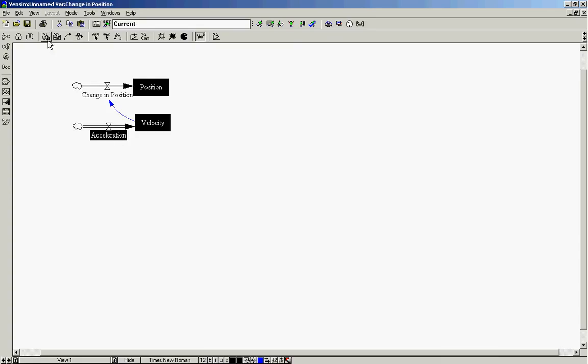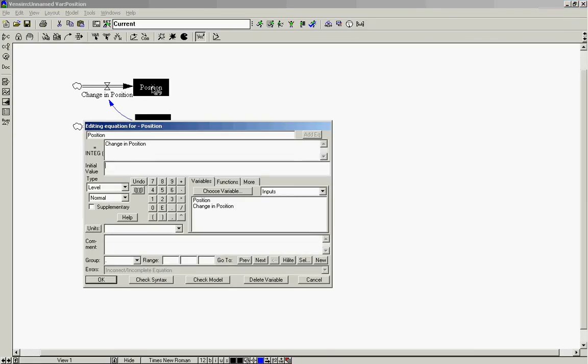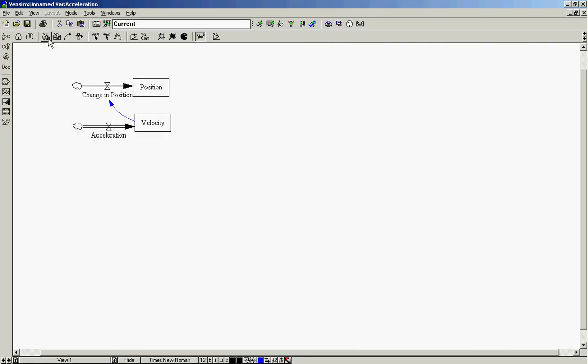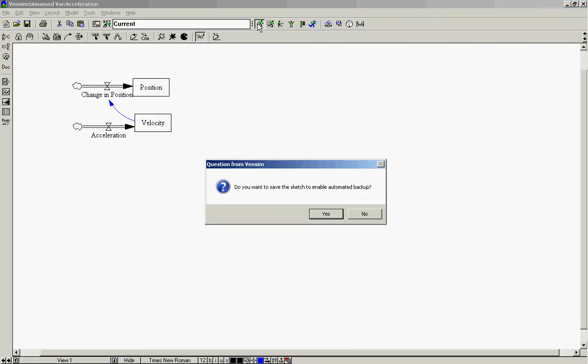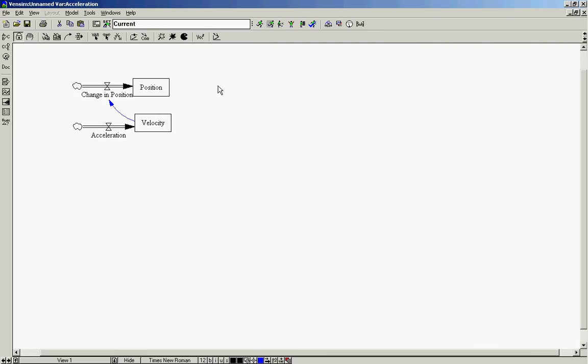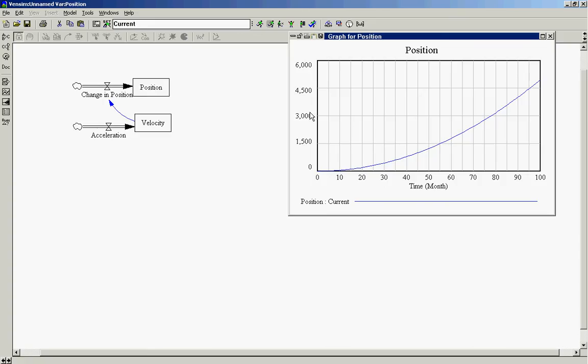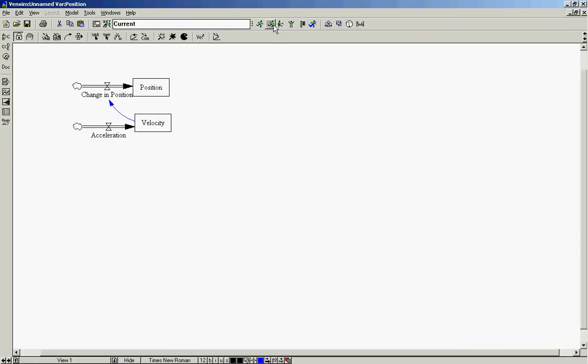So I'll make the initial position 0, make the initial velocity 0, and I'll have, say, an initial acceleration of 1, and then I can simulate this out, and I'll see, okay, position is rising, as you might expect with the square of acceleration. And within Vensim, it turns out you can do some further things.